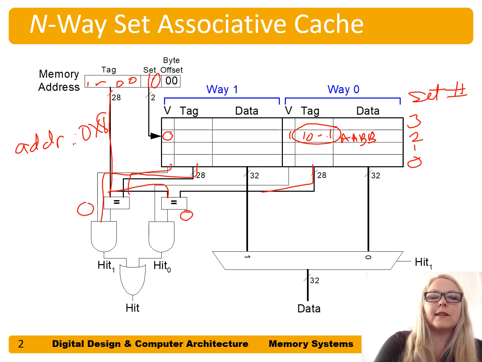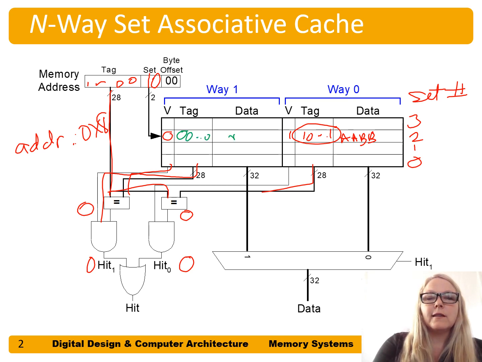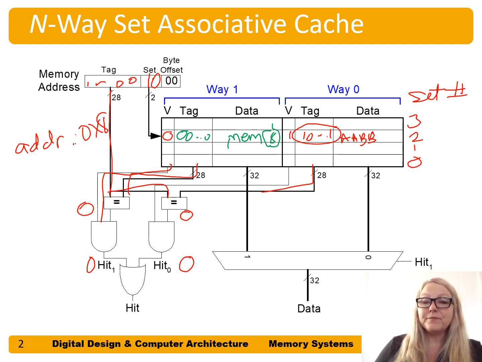In this case, this valid here would force hit 1 in way 1 to be 0. And because it wasn't a match in way 0, that way of the hit would be 0. And so we would pull data into this way, put 0 in the tag, and whatever's at memory address 8 would go into that data in way 1. And so the next time we access memory address 8, it would be a hit.